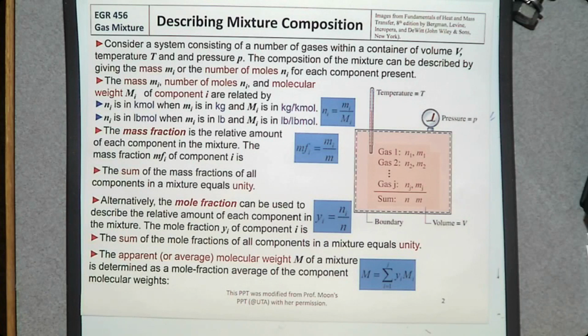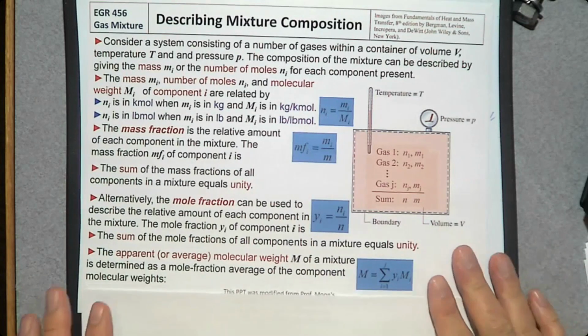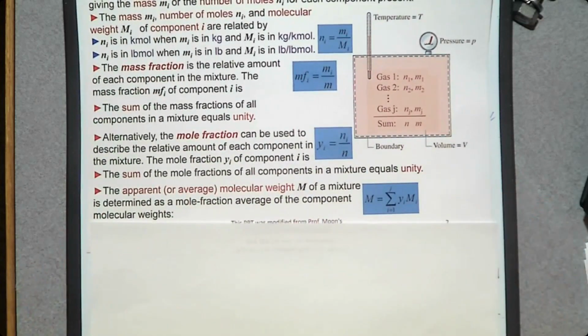So we need to first understand how to convert between mass basis and molar basis. So we are going to study how to deal with problems on a molar basis. To do so, we need to understand how to convert between mass and a mole.